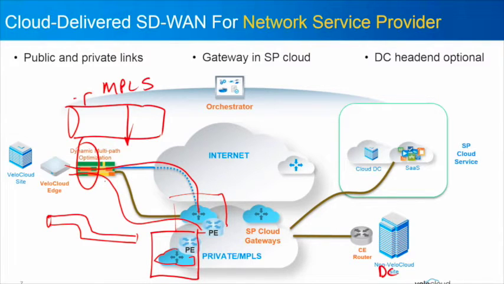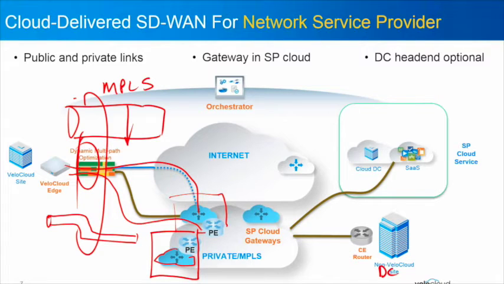As I mentioned before, we will aggregate those two together and create a logical aggregated circuit where we can do all that dynamic packet steering and forward error correction. This provides the customer with an augmented MPLS pipe.